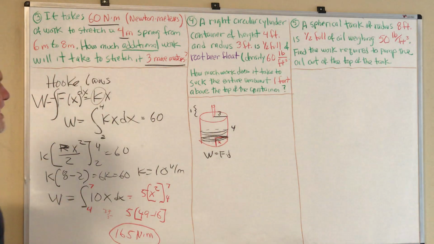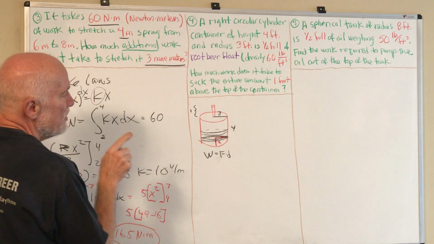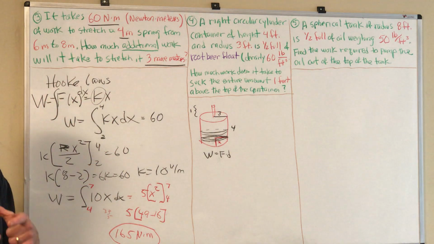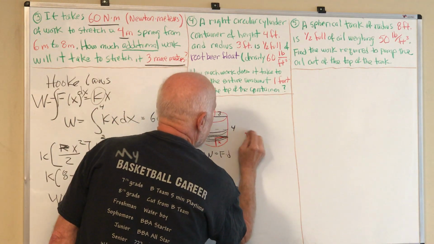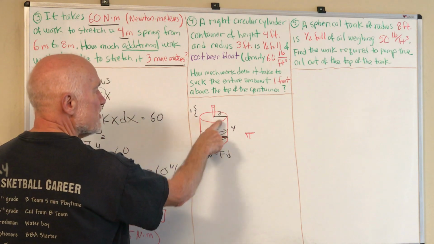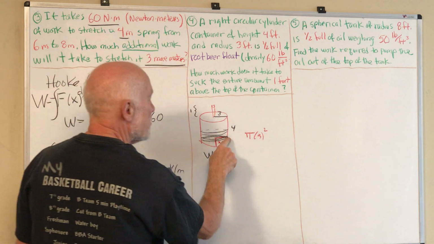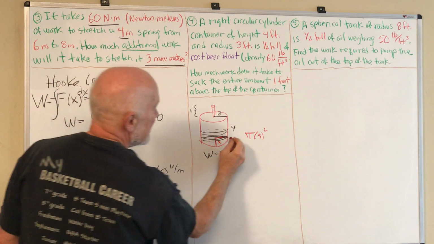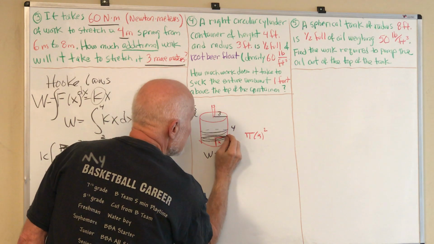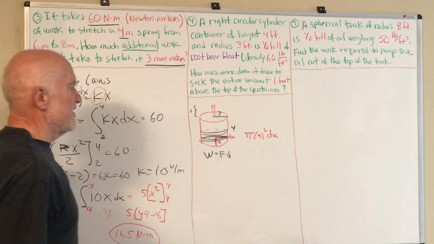So the force is going to have to do with the volume of that slice. Well, if you think about it, that little slice is just a really skinny cylinder. So it's going to be pi times the radius, which is 3, squared, times the height. Well, if we call this distance x, we could call this little distance right up here dx.